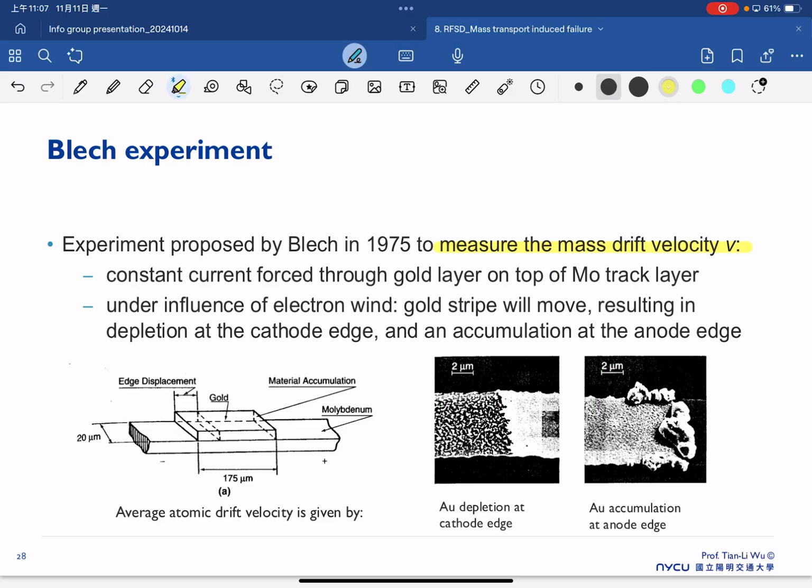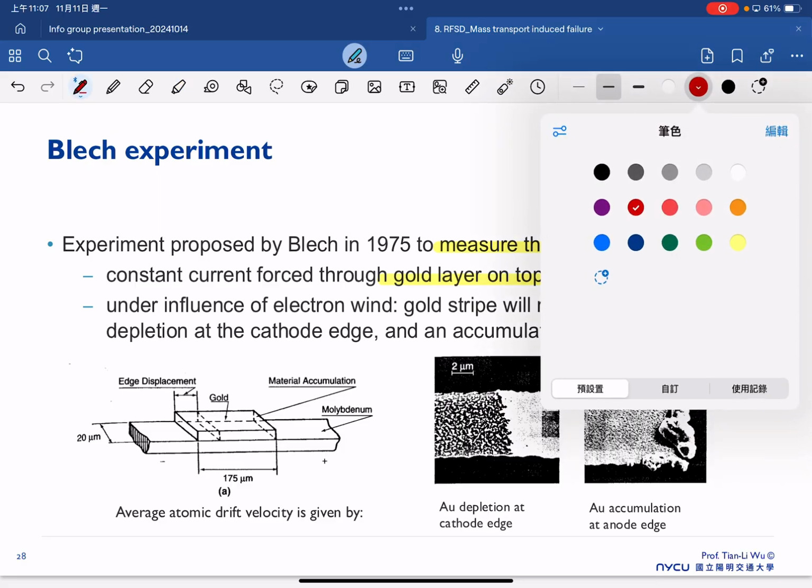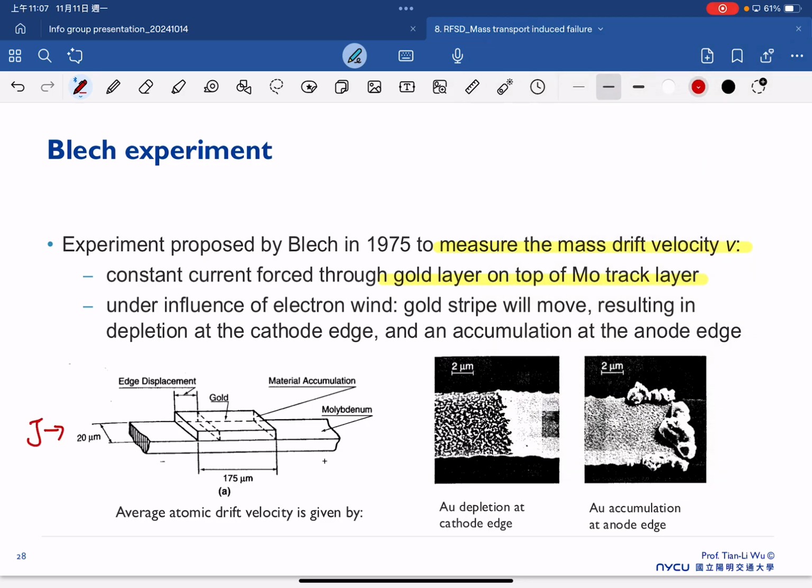This is an experiment where a constant current is forced through a gold layer on top of a certain metal track layer. So the idea is we force the current on the left hand side and we try to monitor the movement of the gold. Under the influence of the electron wind, we will start to see the gold move.